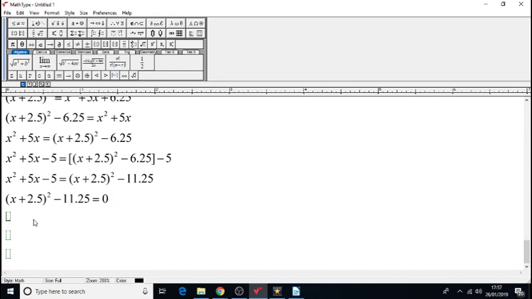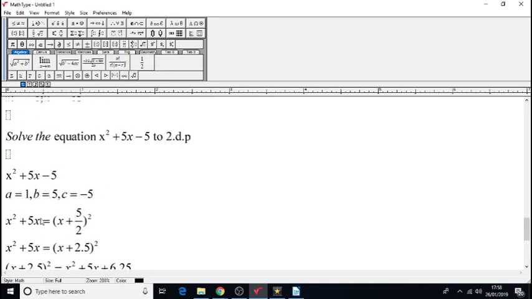So now it becomes (x plus 2.5) squared is equal to 11.25. To get rid of the power of 2, we square root it. What you do to the left hand side, you also do to the right hand side. So now we get x plus 2.5 is equal to plus or minus square root 11.25.